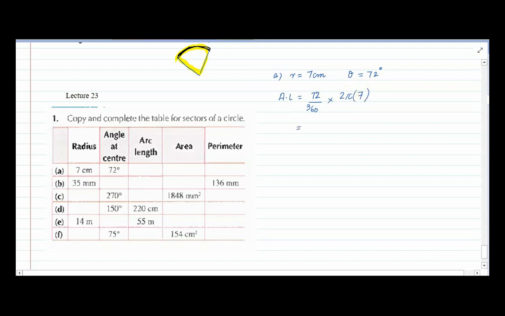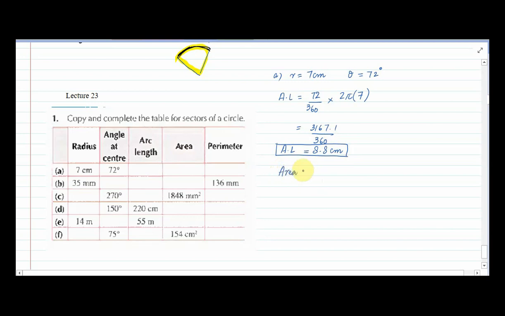Now you need to simplify it. 72 multiplied by 2 multiplied by pi multiplied by 7 is 3167.1, divided by 360, so it is equal to 8.79, or you can say 8.8 centimeter. That is the arc length of the first part, right?